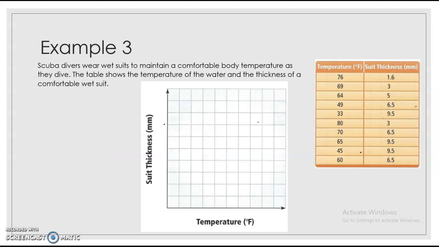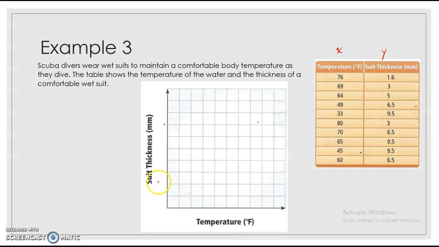All right, so we got one more example for this video. We're going to talk about how do we graph a scatter plot. And it really is as simple as here's our t-chart that we've been doing before. So our x, our y. The first thing you should do is label.